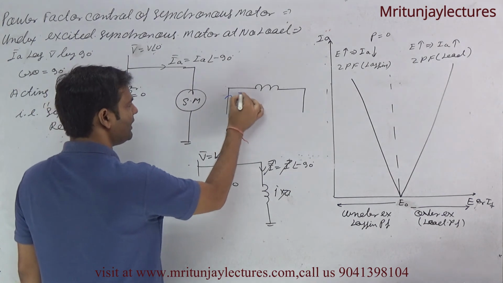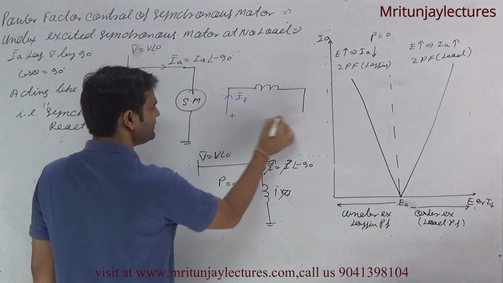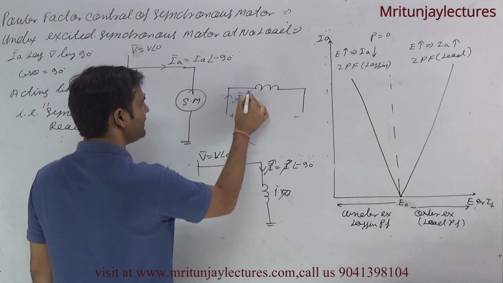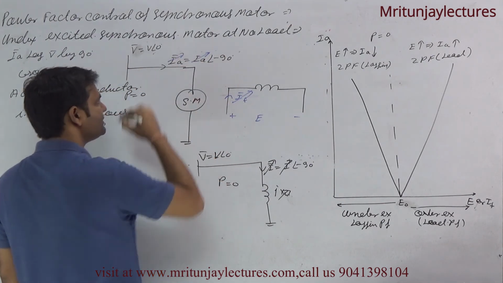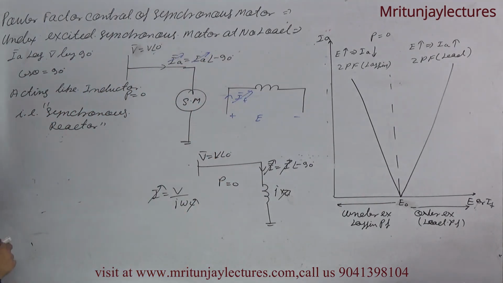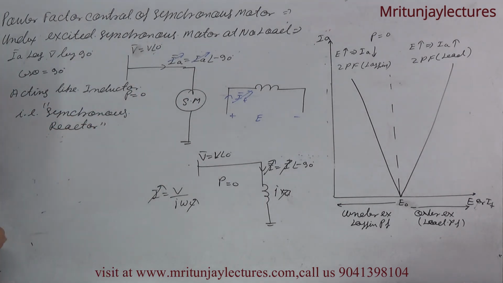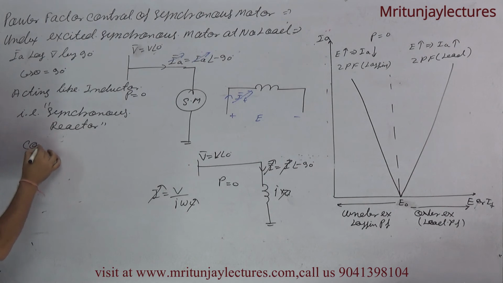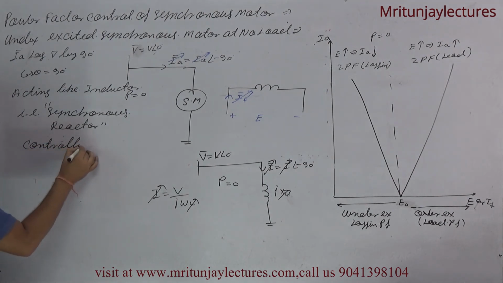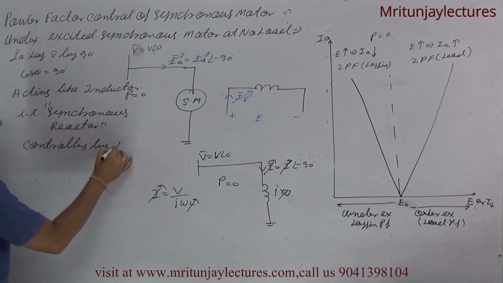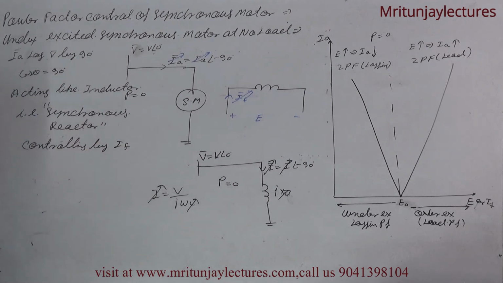So E and IA are controlled by the field current IF.